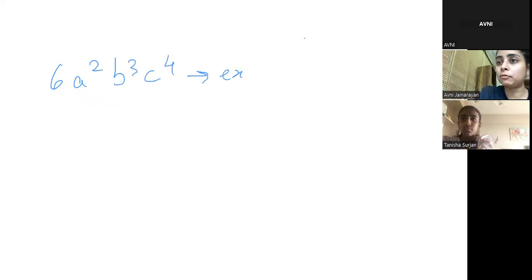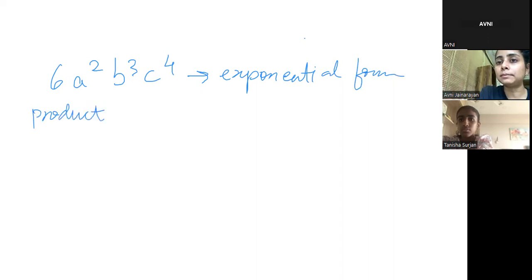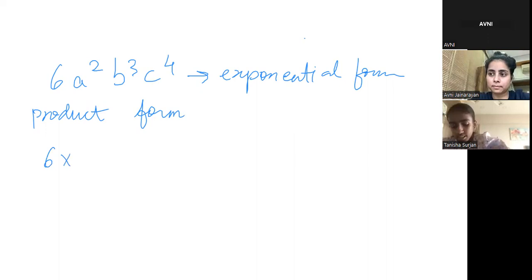Okay, so Tanisha, if I write this 6a square, b cube and c4, this is in exponential form. ठीक है? Now they want you to convert it into product form. What would be the answer? चलो बताओ मुझे. 6 into a into a.